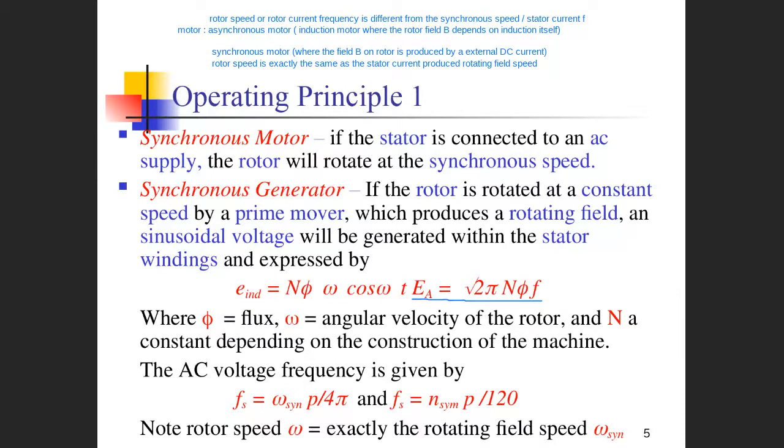The maximum value is the amplitude N phi omega, over root 2, which equals N phi times omega, and omega is 2 pi frequency f.